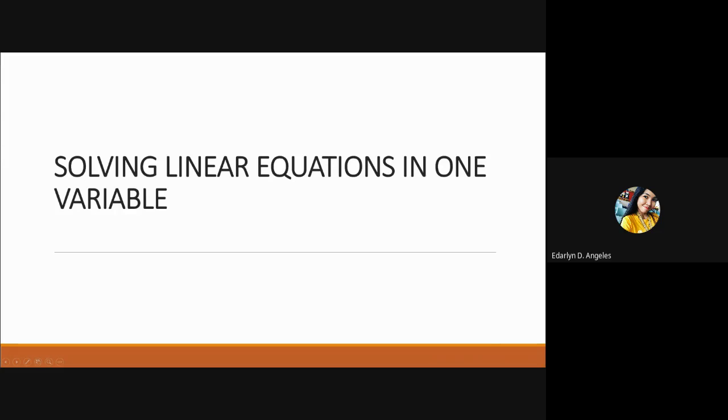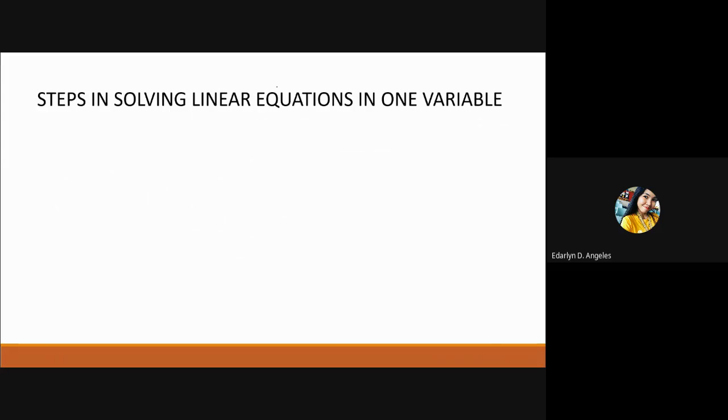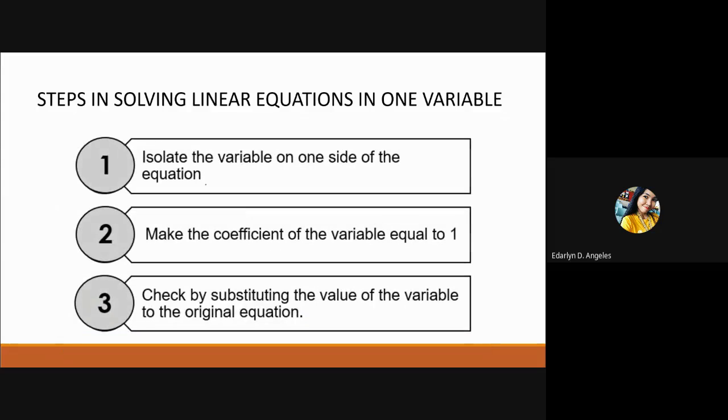Okay? And for us to be able to solve for those roots or solutions, we need to follow these steps. We have here three steps in solving linear equations in one variable. Let's have the first one. We need to isolate the variable on one side of the equation.